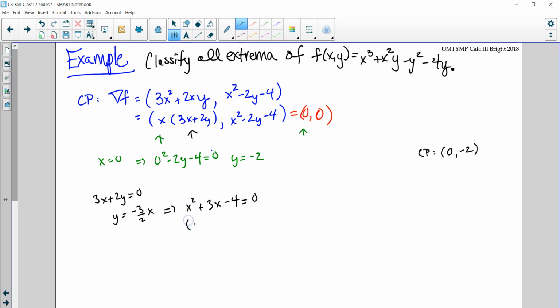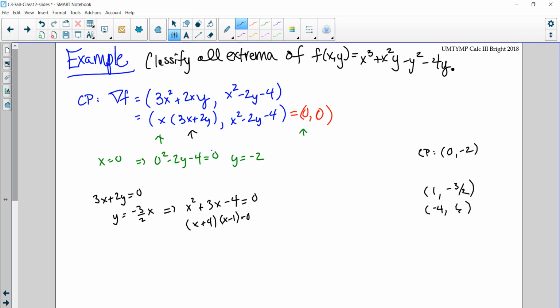Well, okay, factoring, and I get (x plus 4)(x minus 1) is equal to 0, and so then I get the critical points, 1 in the x component and minus 4 in the x component, and then solving these I get minus 3 halves and then 6. Okay, so I have 3 critical points.